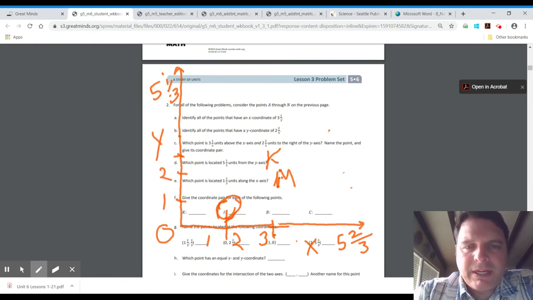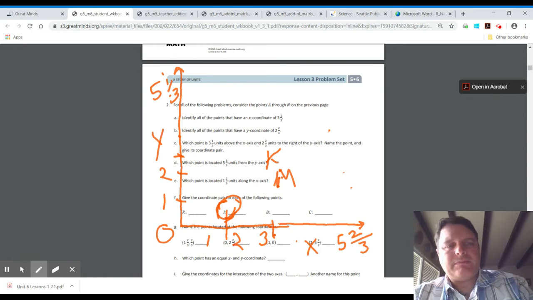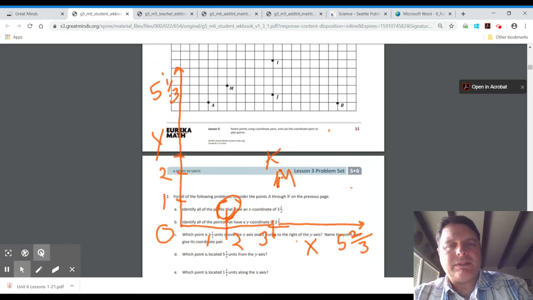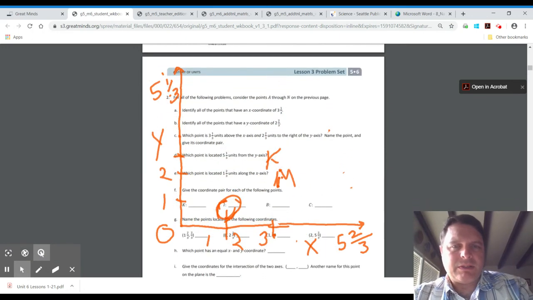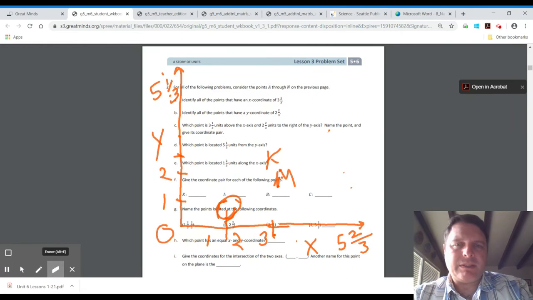Give the coordinate pair for each of the following points. Why don't I do this? I'm going to erase this stuff.